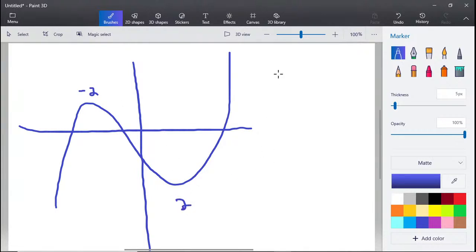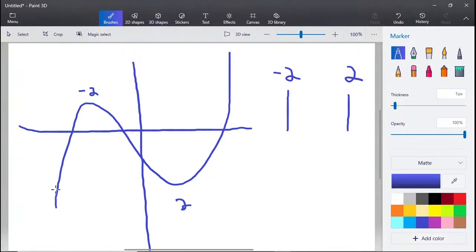So by making a sign chart with -2 over here and 2 over here, we can see this is given f prime. Actually, this is just f.